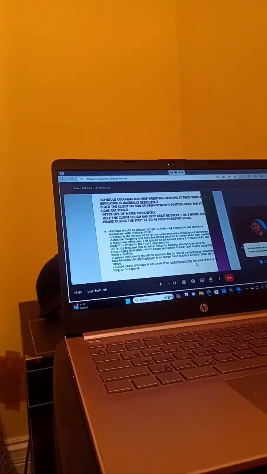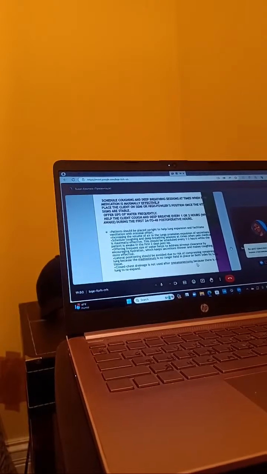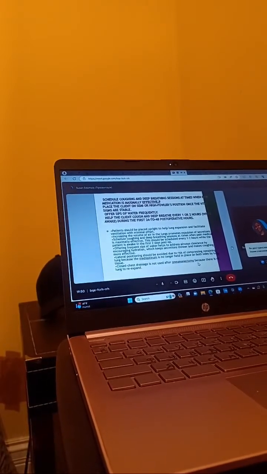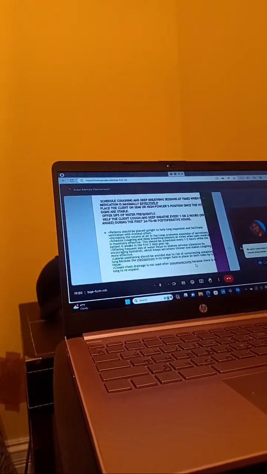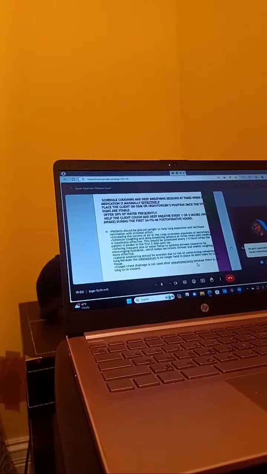Patients should be placed upright to help lung expansion and facilitate ventilation with minimal effort. Increasing the volume of air in the lungs promotes expulsion of secretions. Schedule coughing and deep breathing sessions at time when pain medication is maximally effective.